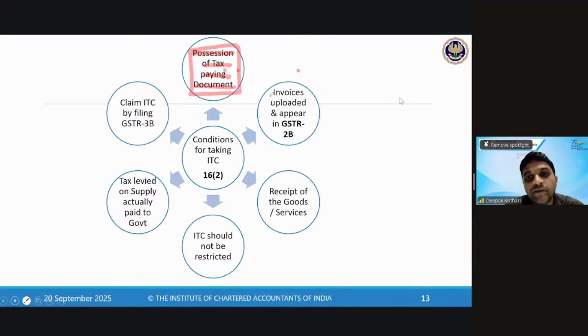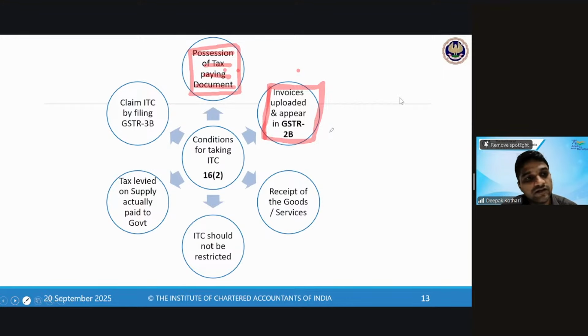When you import something, the bill of entry, these are the documents which you can use for claiming the credit. So you should be in possession of the tax paying document. That's the first condition. Second condition is invoice should be uploaded and appearing in your GSTR 2B. Okay. When you buy something, invoice will be there. Just invoice is not sufficient.